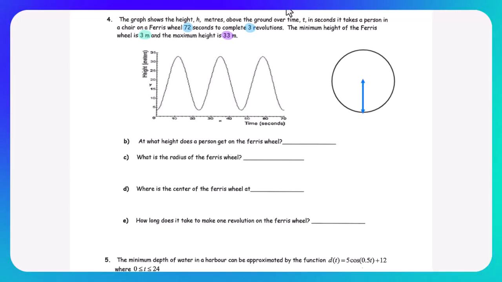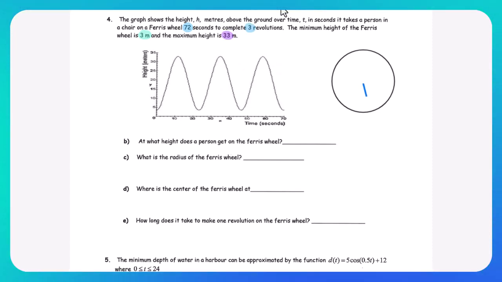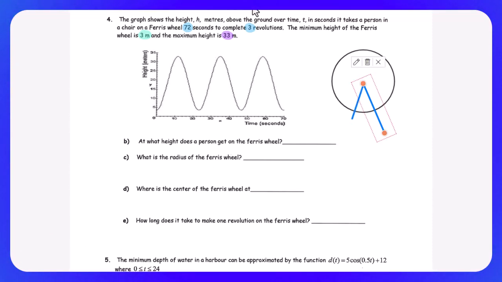Oh, that's not what I wanted. Let's change that. I don't like an arrow. Let's just use these. There we go. So now, got our little Ferris wheel here. I think I made those lines way too long. There we go.